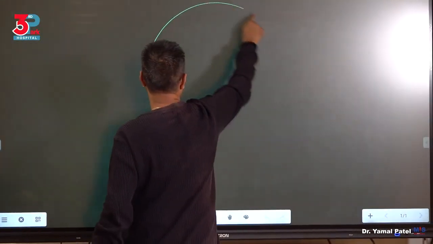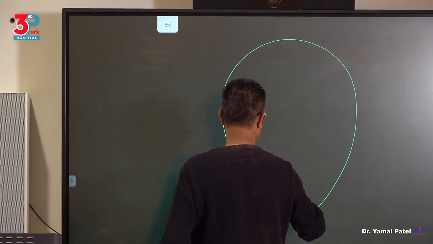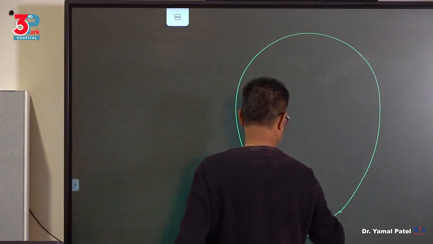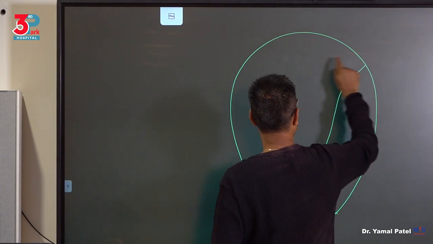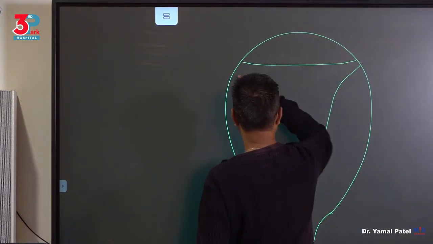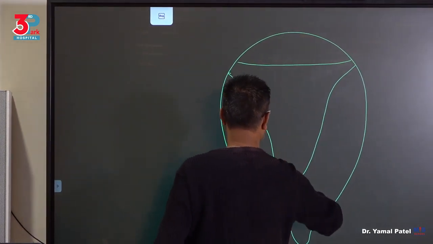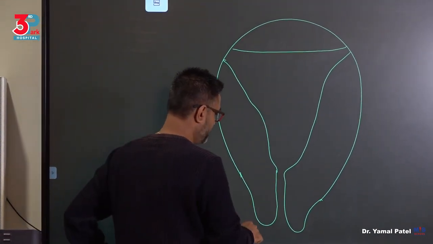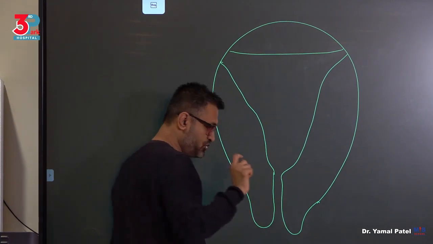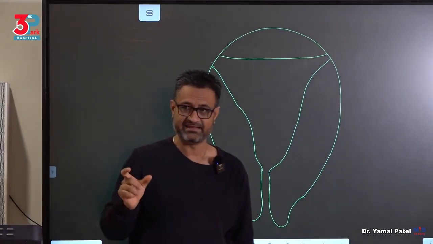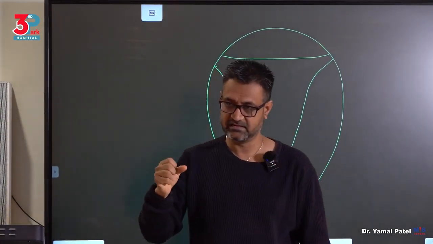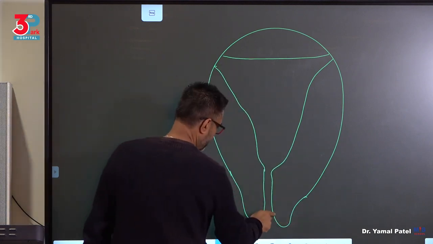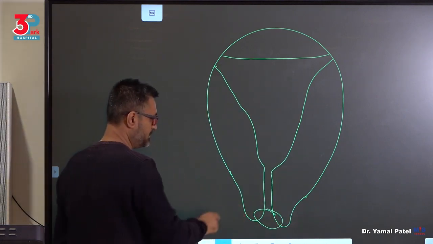If this is the cavity, you have to understand a few things. There are a few valves that maintain this uterine cavity. Okay? One of the valves is the external os.